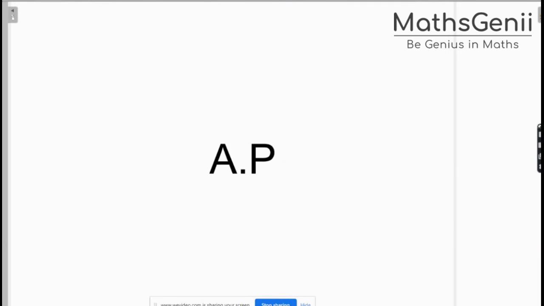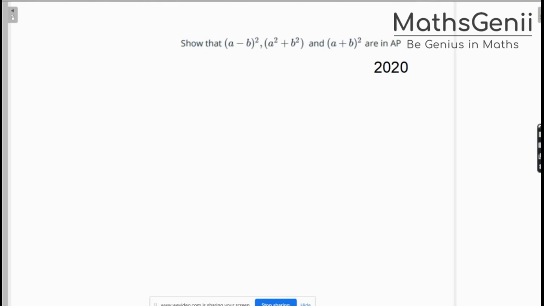Now let's look at the questions from AP. Okay, very simple questions from AP. He's asking that we have to show they are in AP. It's very simple to show in AP. You will have to have the difference between consecutive terms as equal.